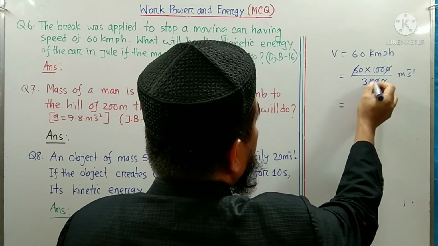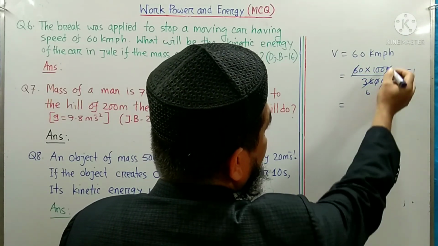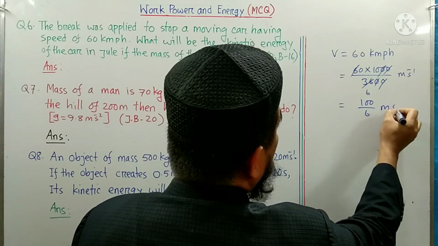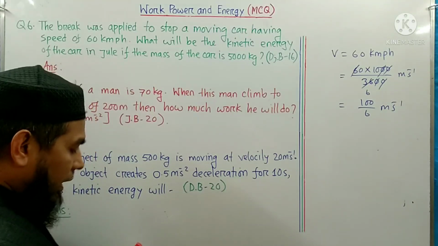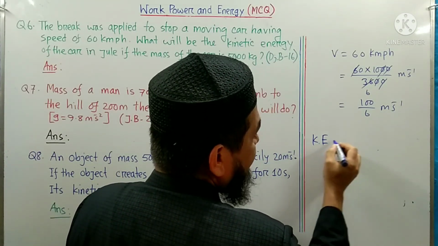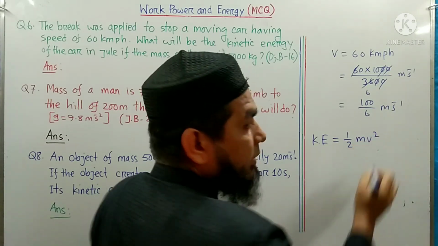So it will be 100 divided by 6 meter per second. So now kinetic energy K is equal to half m v square.